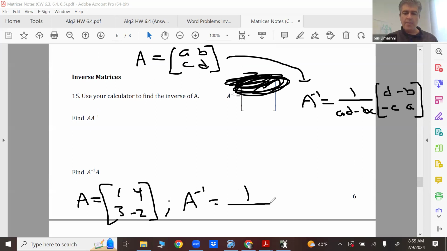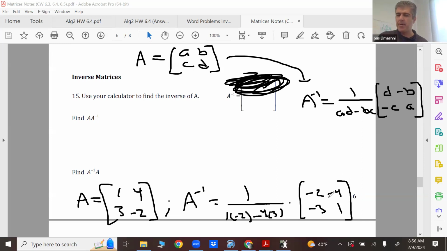I'm going to do 1 over AD, which is 1 times -2, minus BC, which is 4 times 3, times, I'm going to swap A and D and negate B and C. What does that denominator on the outside become? What is that, guys? 1 over what? -14.